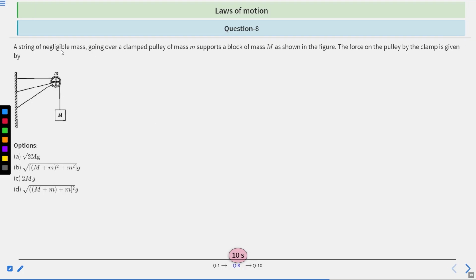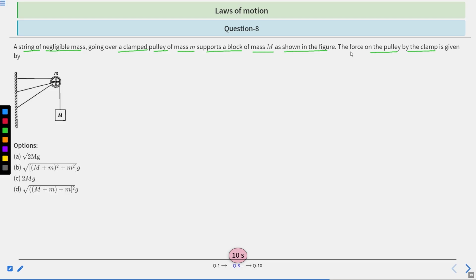A string of negligible mass going over a clamped pulley of mass m supports a block of mass m as shown in the figure. The force on the pulley by the clamp is given by what?